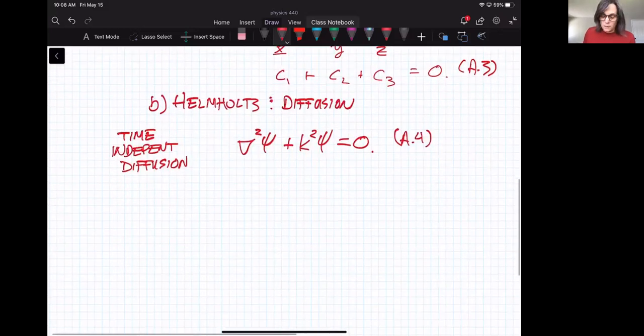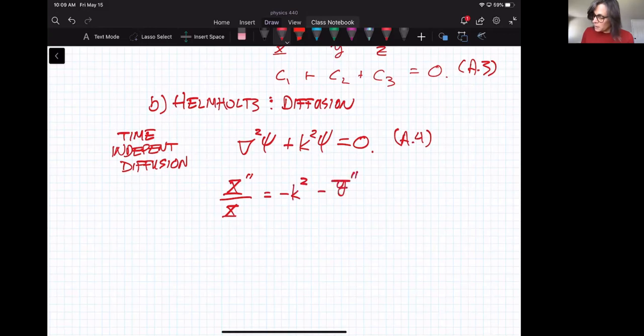All right, so that means that we can break this apart. If we're in Cartesian coordinates again, we'll have X double prime over X, and I'm just suppressing the variable dependence, is equal to minus k squared minus Y double prime over Y minus Z double prime over Z. In fact, this represents our first separation.